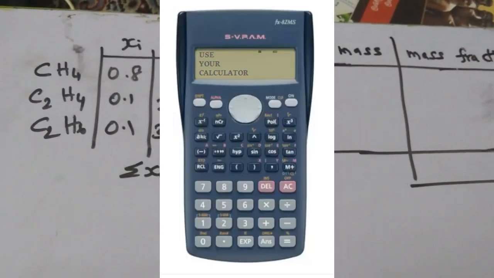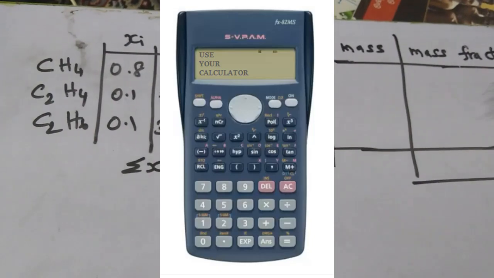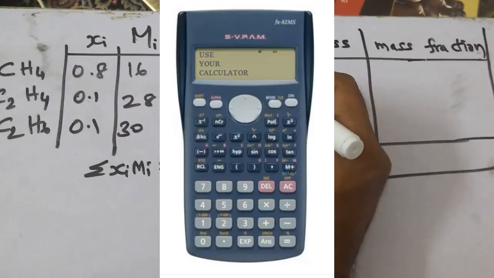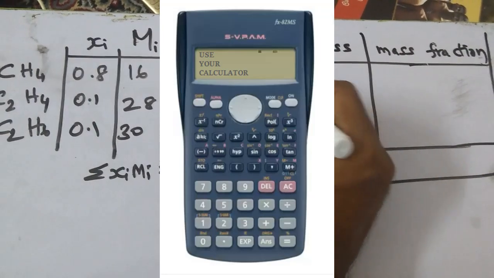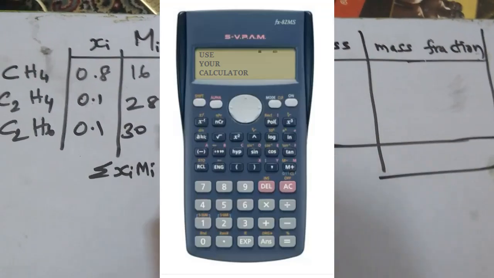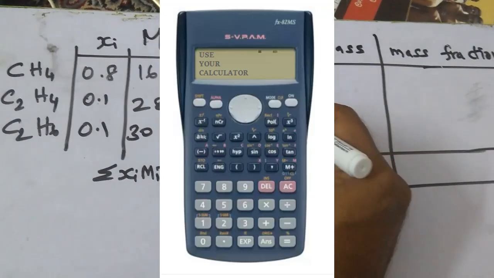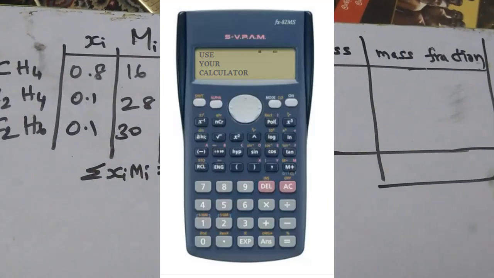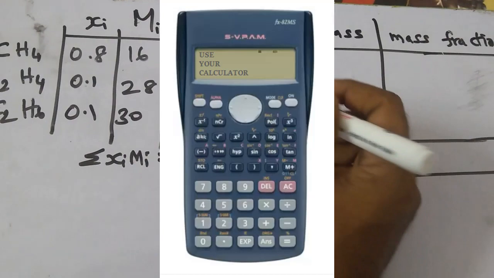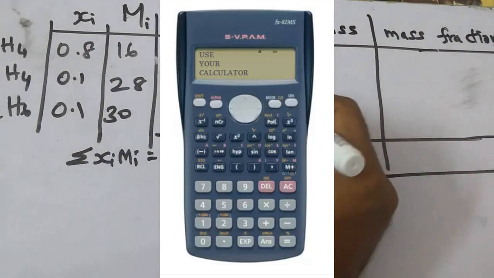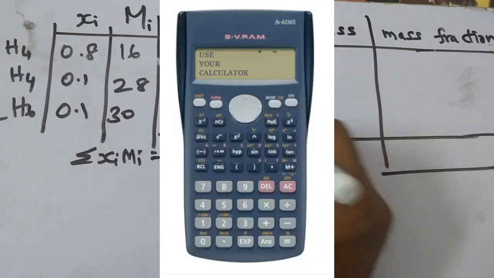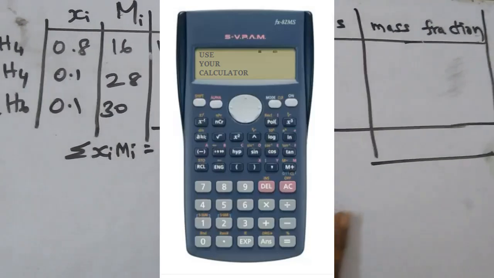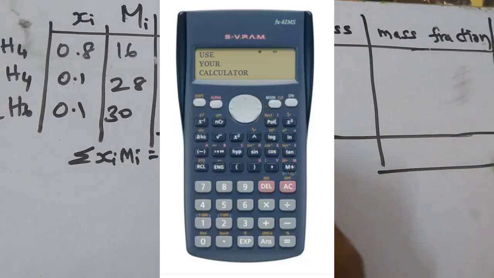So we have determined the kg moles of all three constituents. Please write down here in the table: 0.488 kg moles. C2H4 is 10% of this 0.61 kg moles, that is 0.1 into 0.61, 0.061. And 0.061. So what is the total here?